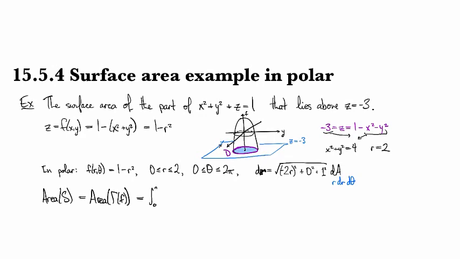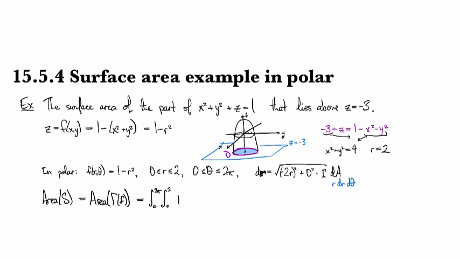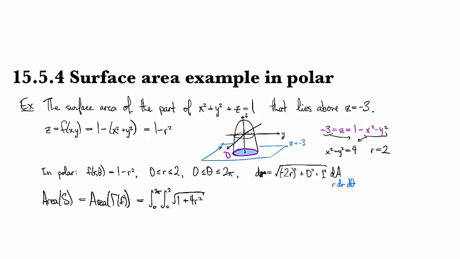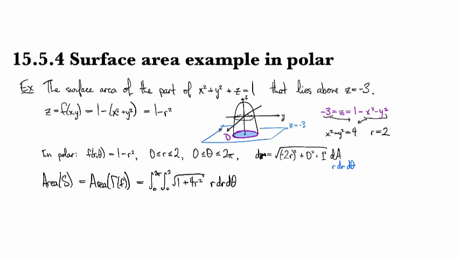We're going 0 to 2 pi for our theta, and 0 to 2 for our r, and then we have square root of 1 plus 4 r squared inside, and then we have our area element r dr d theta, and now it just remains to crank this out.